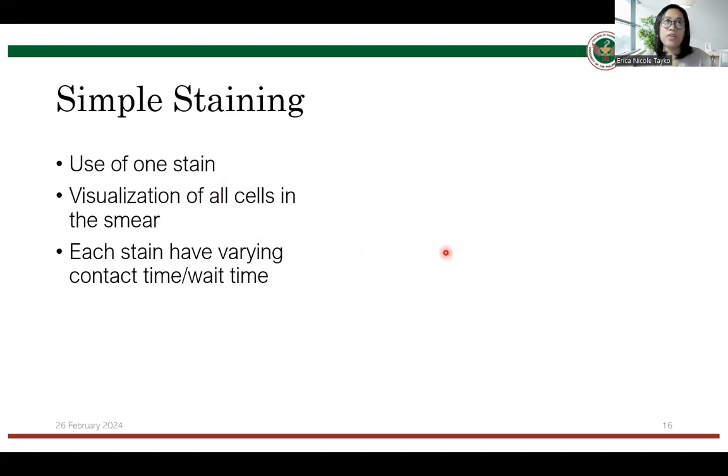Meaning the stains you use in the other staining techniques, when used as a standalone stain, you're actually using them as a simple staining technique.